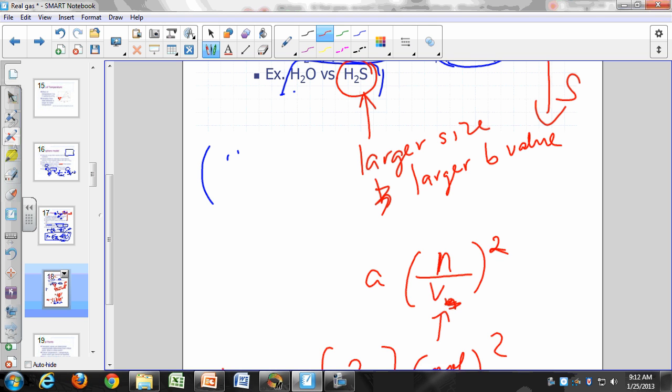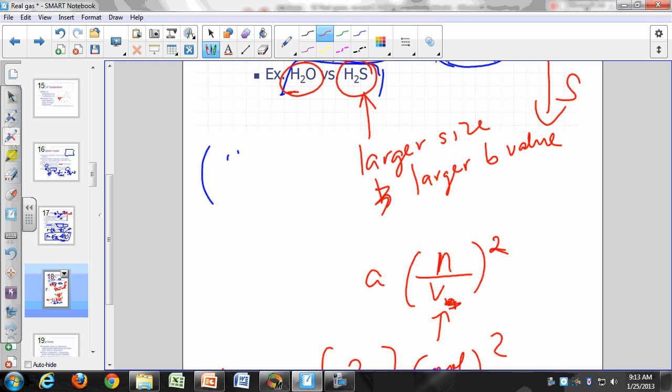You might expect H2S to have a larger A value because it's larger. It would have stronger London dispersion forces. In fact, this is an anomaly because there is another type of intermolecular force among water molecules that makes them attract each other more strongly. And what is that? Hydrogen bonding.